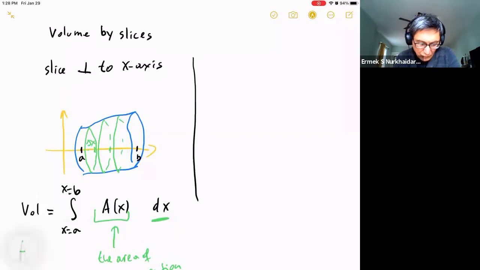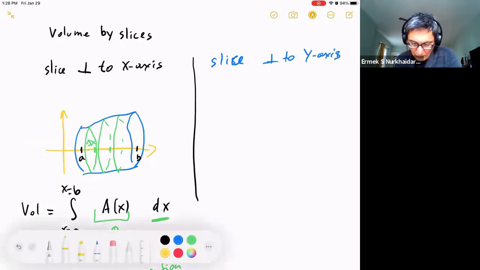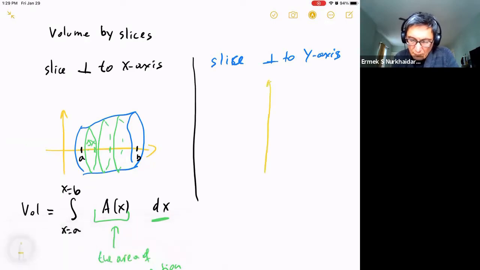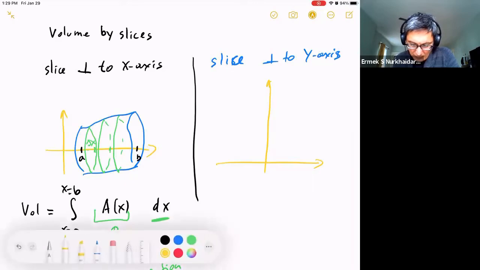And if we slice perpendicular to the y-axis, then our picture is going to look similar, but basically we'll just exchange: instead of x, we're going to have y. Otherwise it's going to be similar.